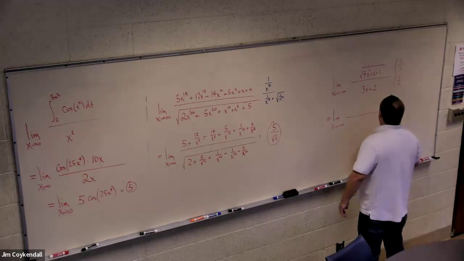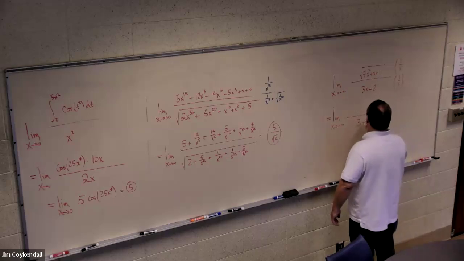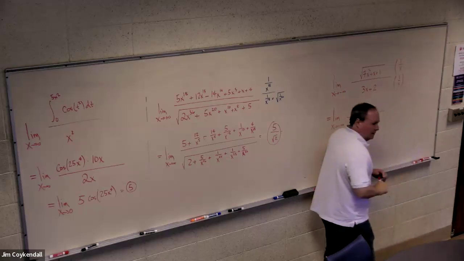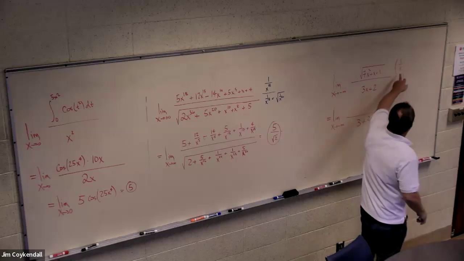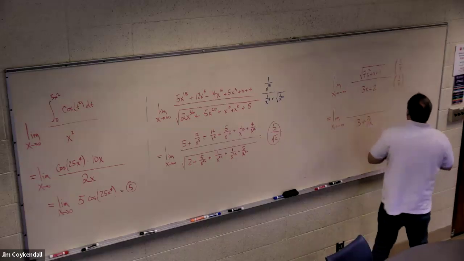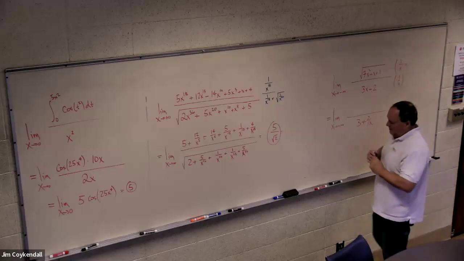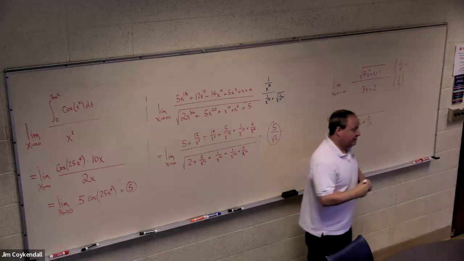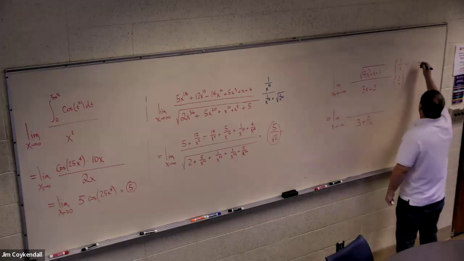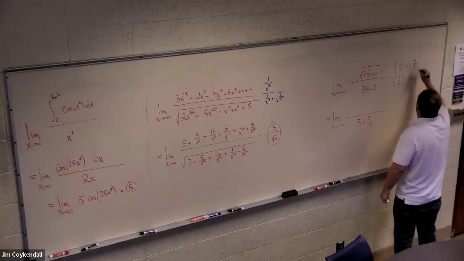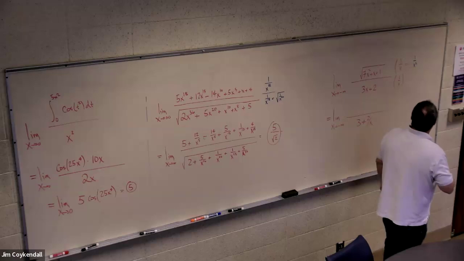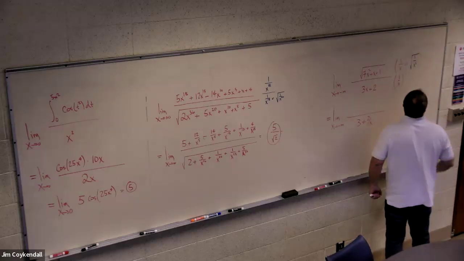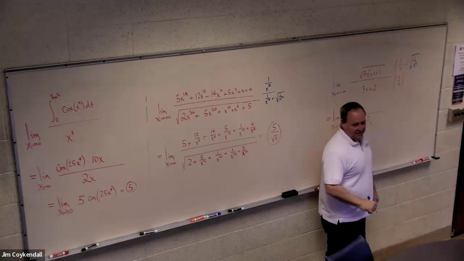On the bottom, I get, but again, I've got to fit this in the square root, so what can I replace this 1 over x with? Is that the same? It is not.